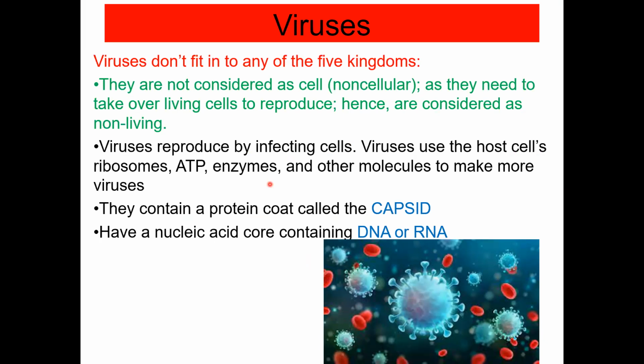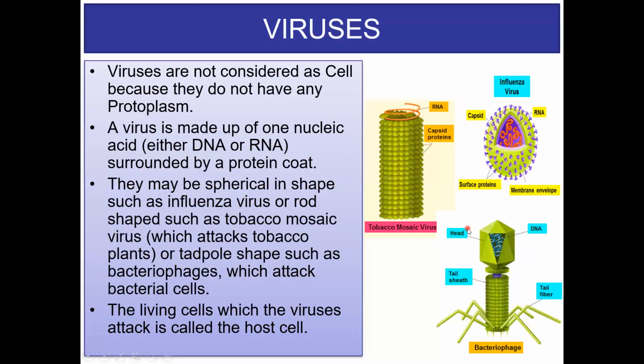That's why they are not considered living ones. They are non-living and they are non-cellular or acellular. They have a protein coat which is known as the capsid. They have the genetic material which is DNA or RNA.